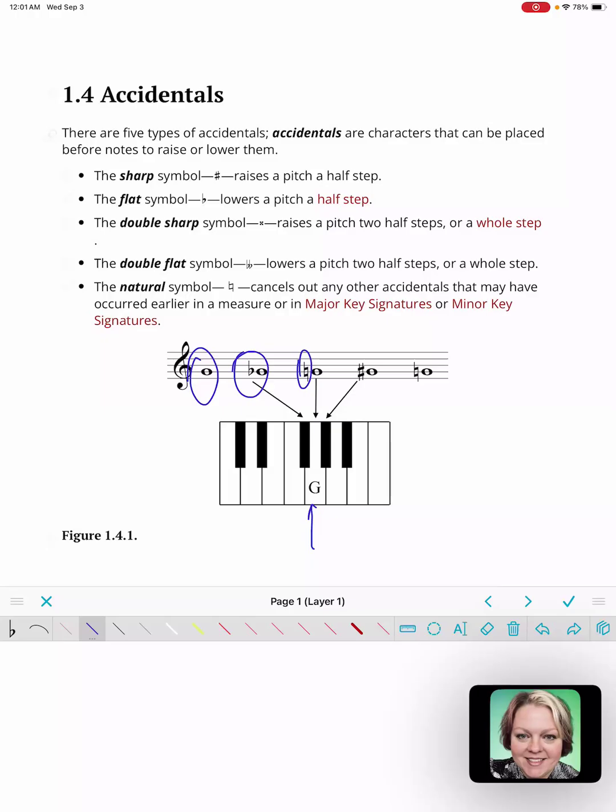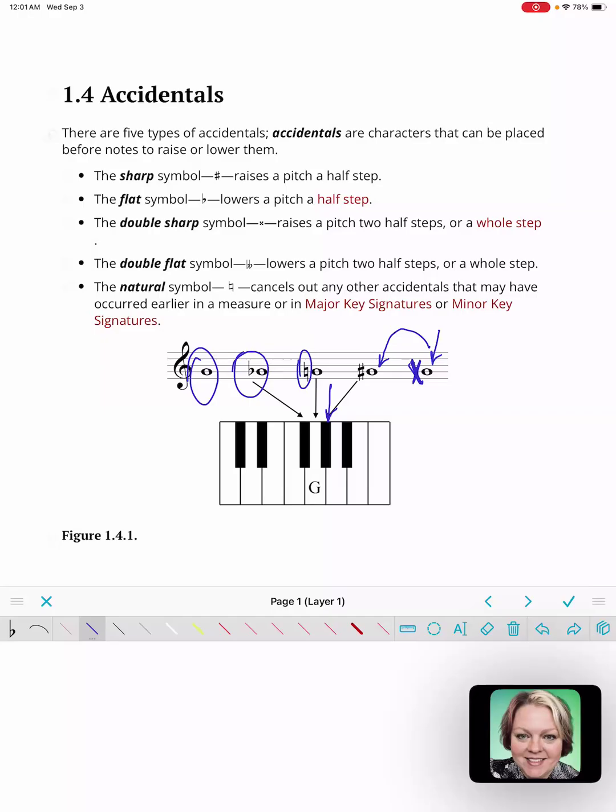Okay, fourth note. Now our composer wants it to be a G sharp. So sharp means you play the one to the right. So you play this one right here. And then last but not least, at the very end, if that natural wasn't there, then this G would actually be a G sharp because it retains whatever came before it.